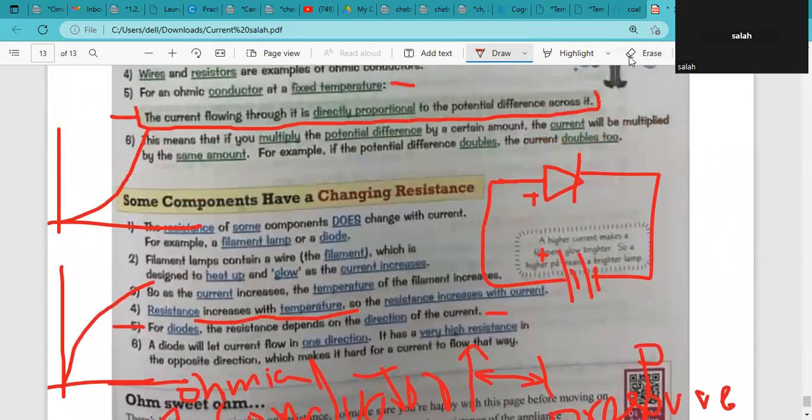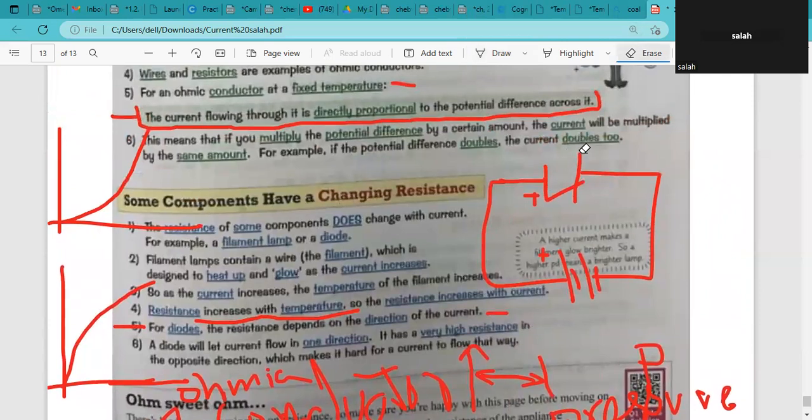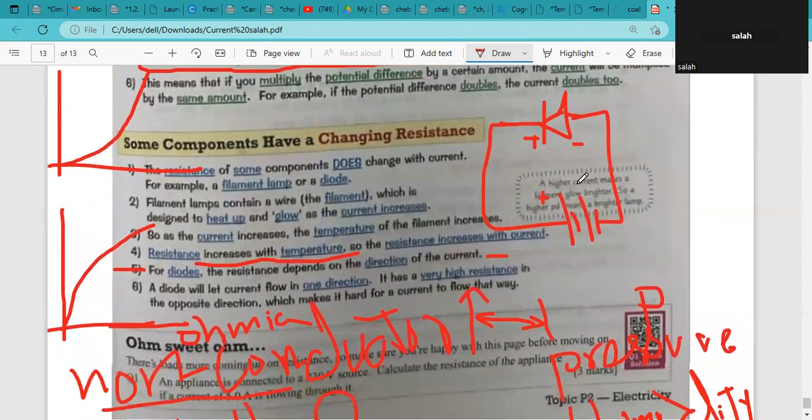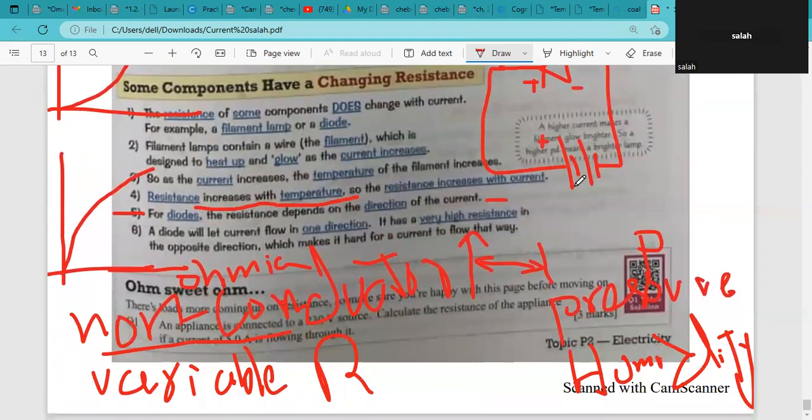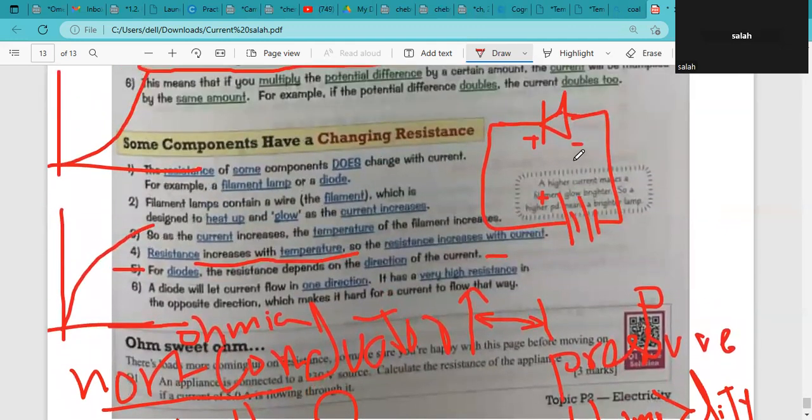And when we install it in this way, the current will not flow because it is reverse bias. So it stops the current. We will see in detail when the diode topic comes what is happening inside the diode. So there is no physics here about the inside.